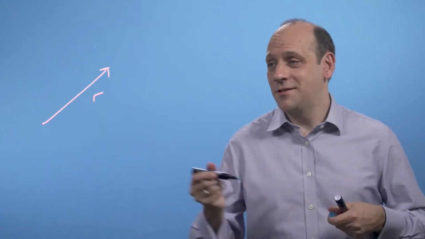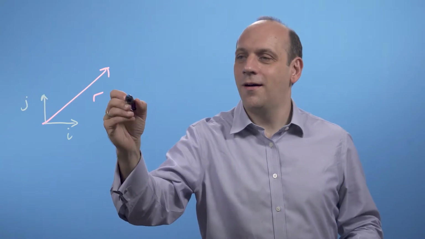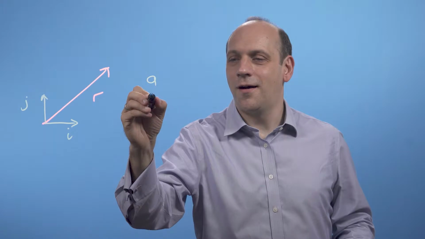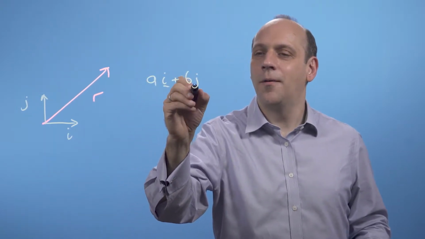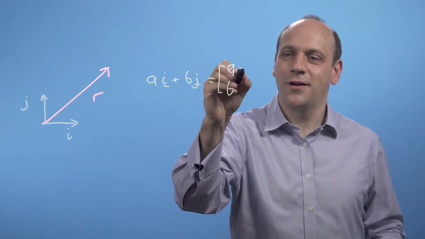Now if the coordinate system that we use to define R used these two vectors i and j, we can say that R is equal to ai plus bj, or is equal to (a, b), the way we were writing it in the last video.